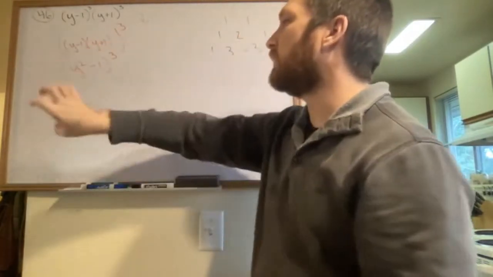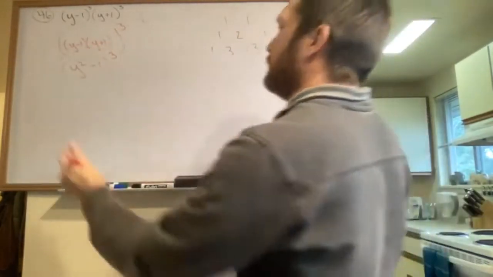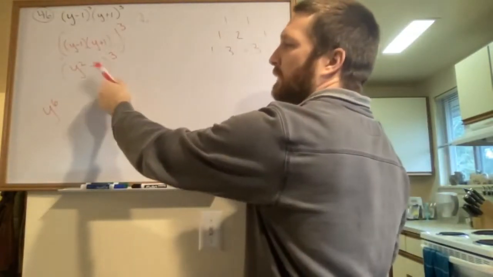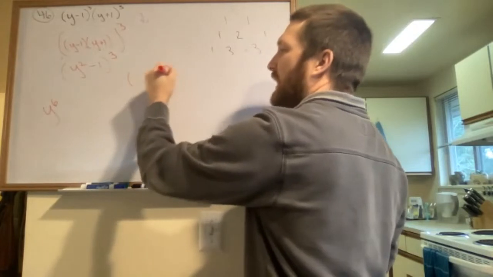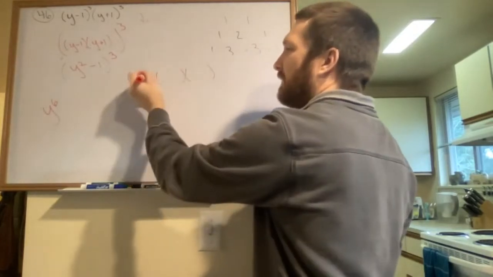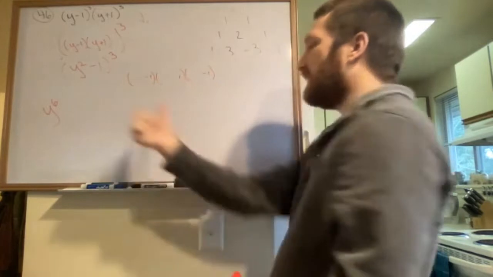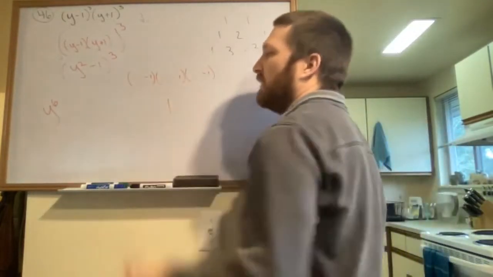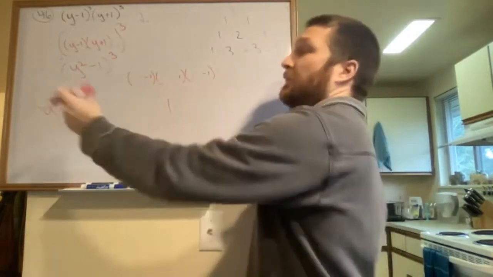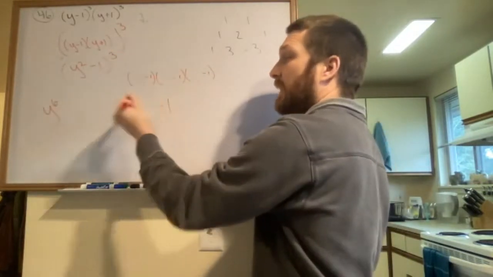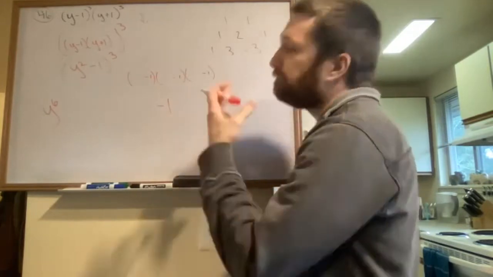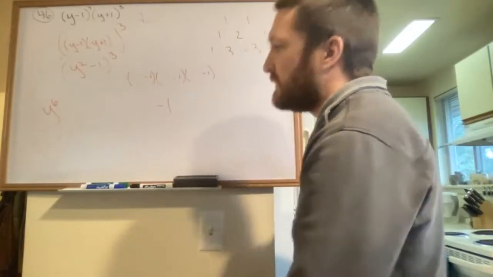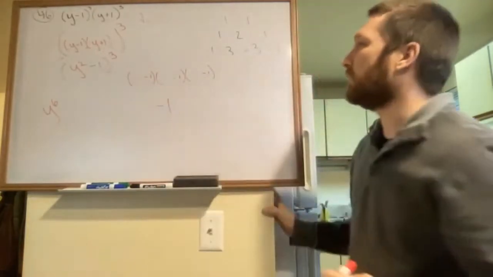Y squared is going to get multiplied by itself 3 times. The biggest thing I should have is a y to the 6th. The smallest thing I'm going to have, again, I'm visualizing, I'll have this a bunch of times. And the very last term that we should expect should be something to do with 1. It's either going to be plus or minus. It's going to have to be minus because it's an odd power. And so that way you could just check yourself to see if your final answer is going to mesh with your first answer.